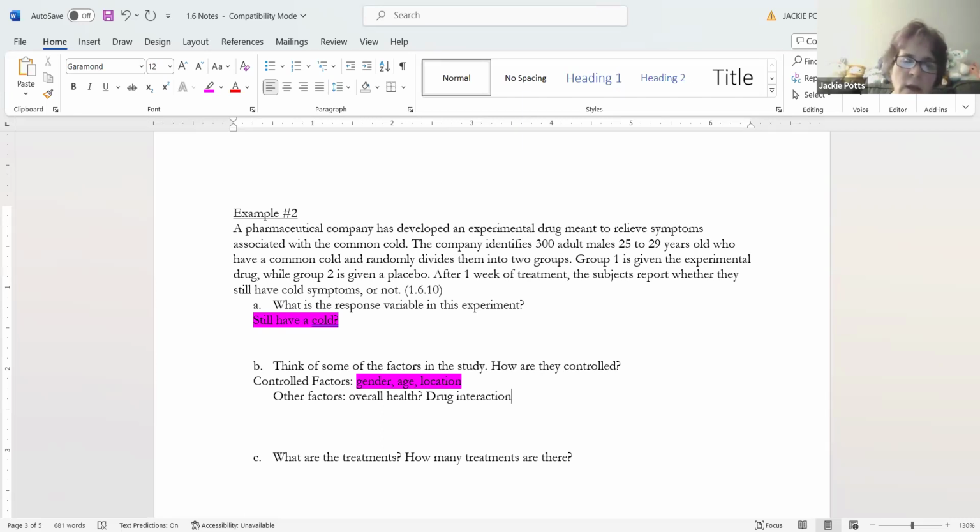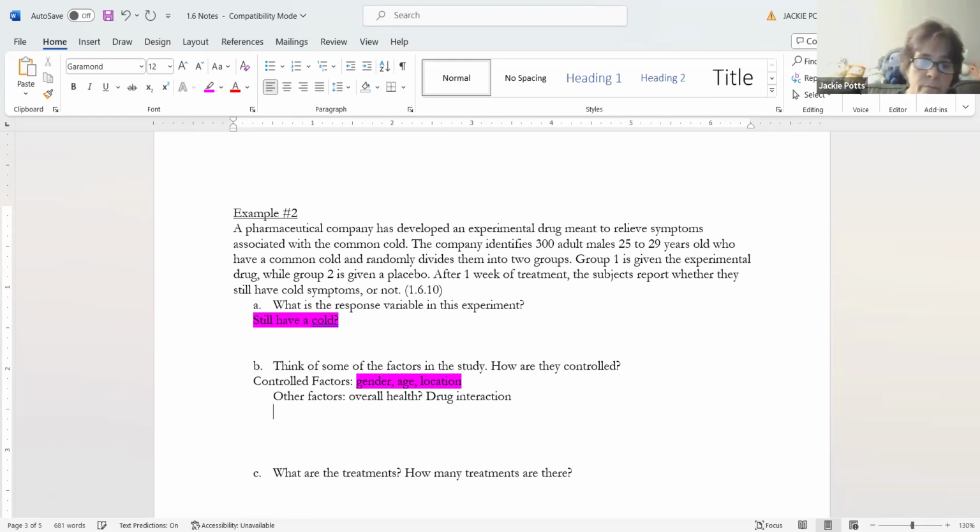Now, there is also one factor that I guarantee they controlled. You think they didn't predetermine how much drug would be safe?